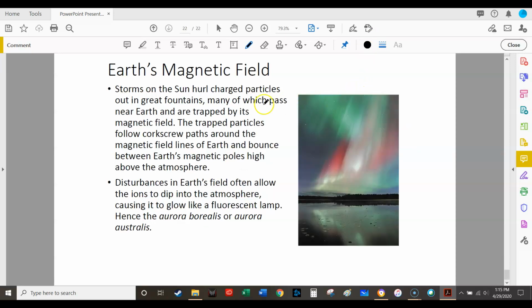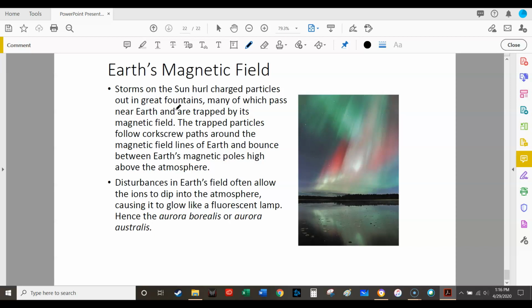Well, that has some really cool effects. So what happens is you get these charged particles that are getting deflected north and south, just like a capacitor, right? And we'll talk about how charged particles get deflected due to a magnetic field later on. I think that's 5.4 or something like that.